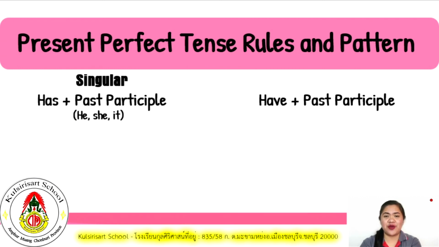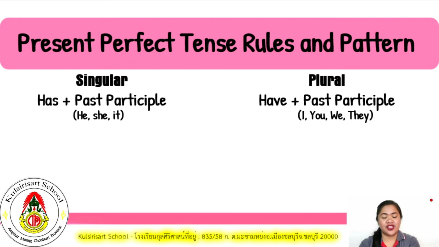Can you still remember a while ago? I told you that when we talk about present perfect and past perfect, we are going to use the past participle of the verb. So now, let's have the rule for the usage of have plus past participle. We are just going to use this if the subject is plural.